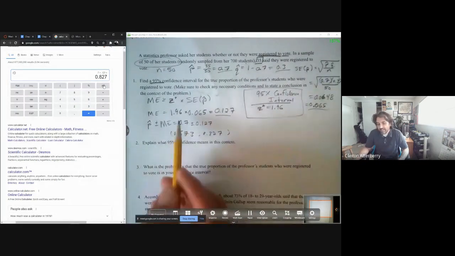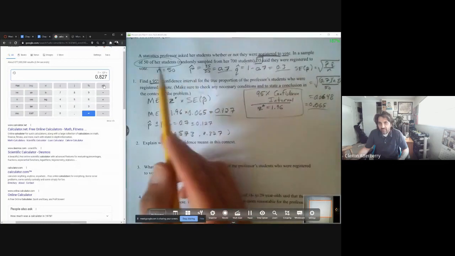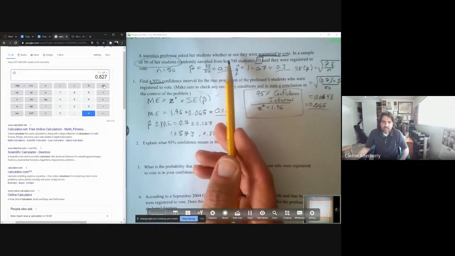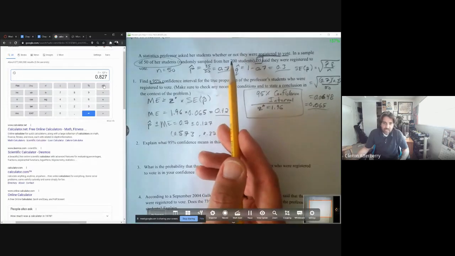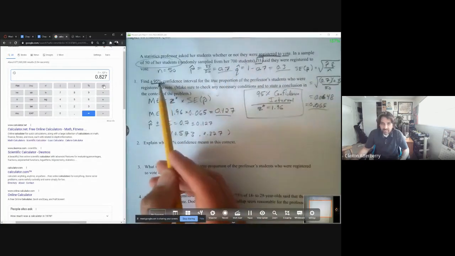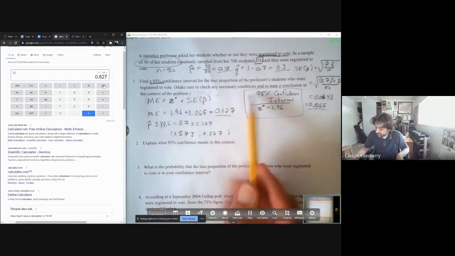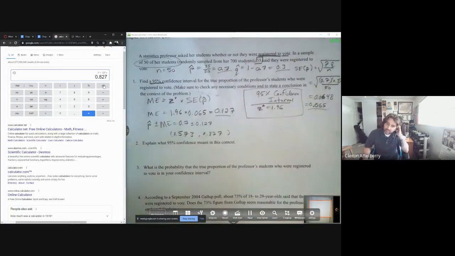We know it's probably not exactly 70% when she goes from 50 to 700 students. It's probably going to change a little bit, maybe go up, maybe go down. But we're almost 100% confident that it's between here and here. We say 95% confidence because it covers 95% of this normal distribution that we set up.